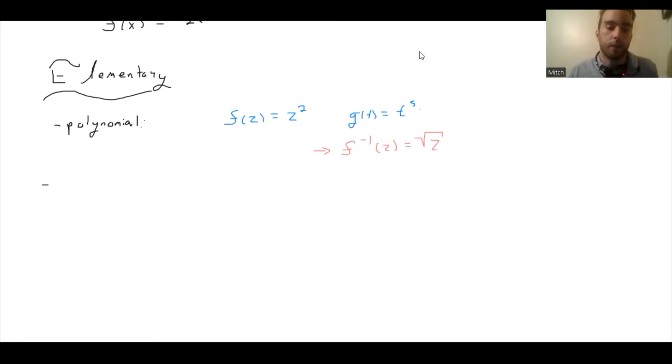You have reciprocal functions, which is really just going to be something in the denominator. So recognizing that the input of the reciprocal is just in the denominator.